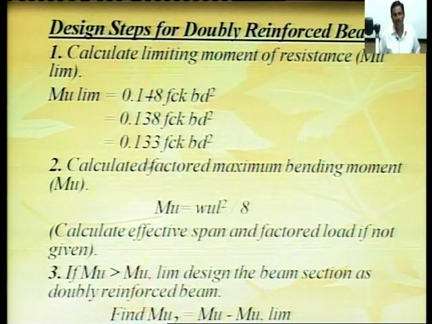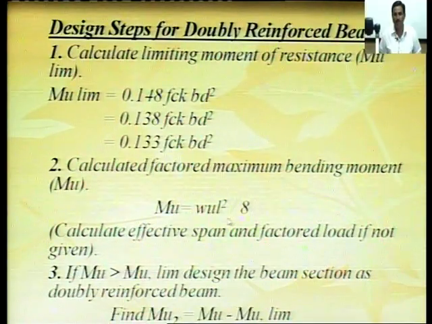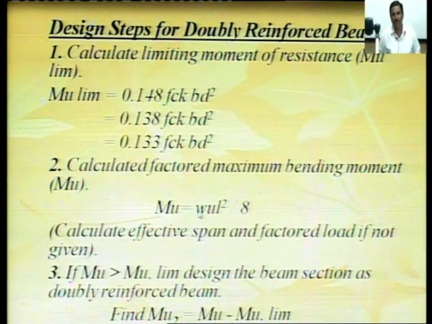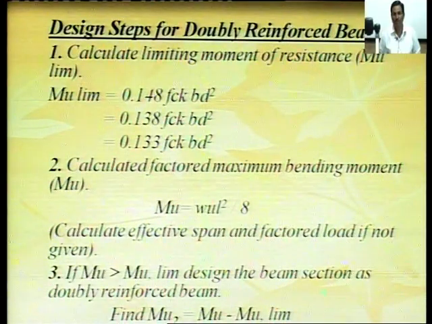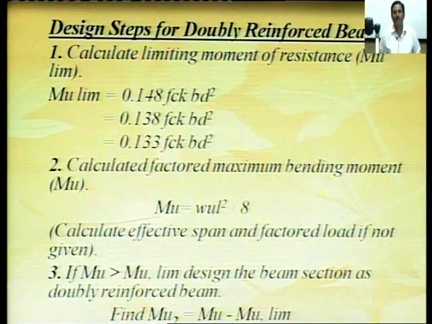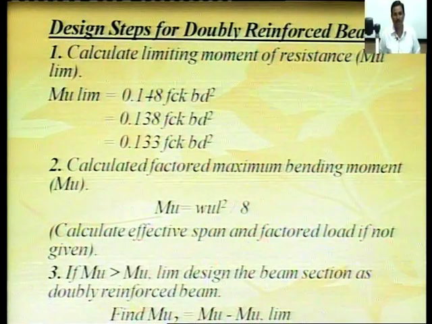Second step, calculate the factored maximum bending moment. The formula for factored maximum bending moment is Mu equal to Wu L square by 8, where Wu is the total factored load, the factored UDL, and L is the effective span. From this formula we calculate the maximum bending moment.